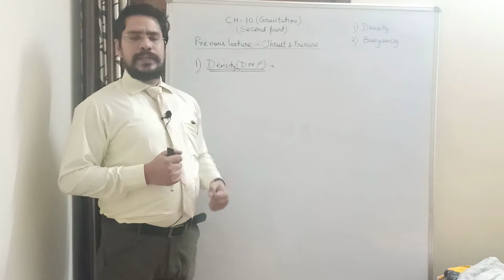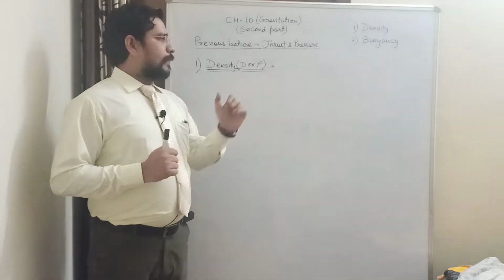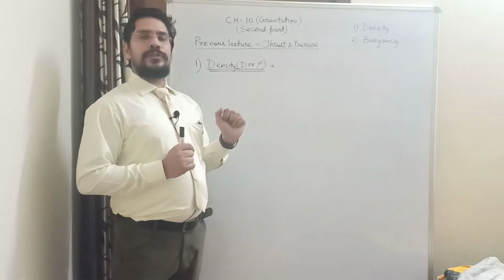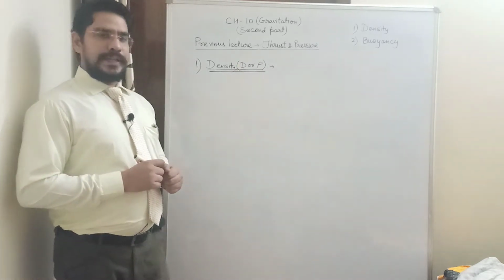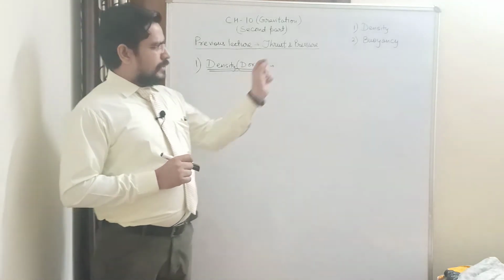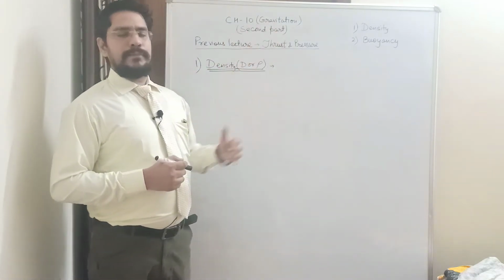We also discussed applications of pressure: if we increase the area, the pressure will decrease, and if we decrease the area for the same force, the pressure will increase. In the last lecture we also discussed a little about buoyancy. In this lecture I am going to discuss more about density and buoyancy.